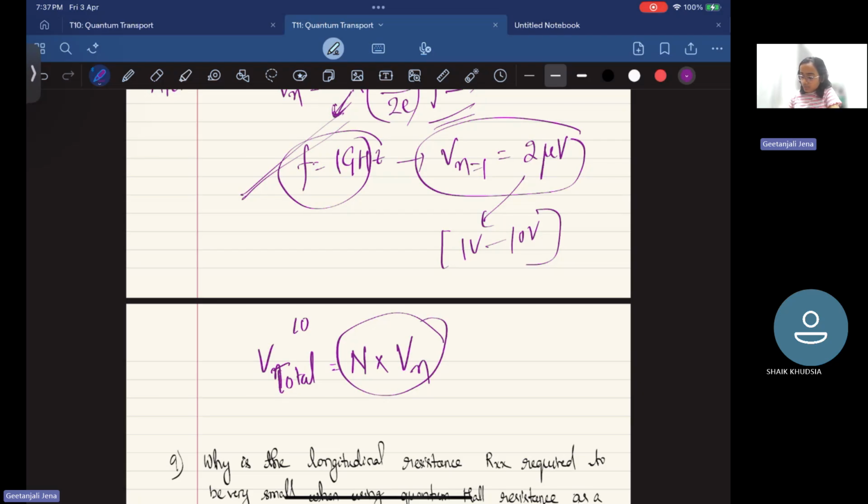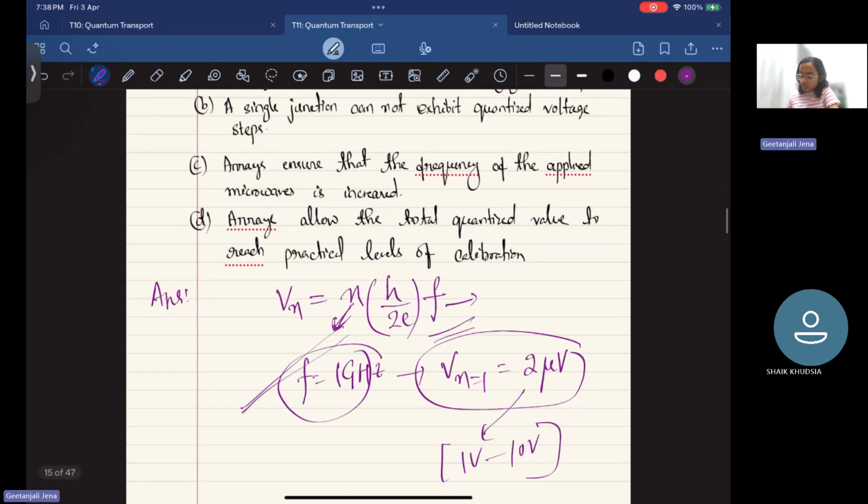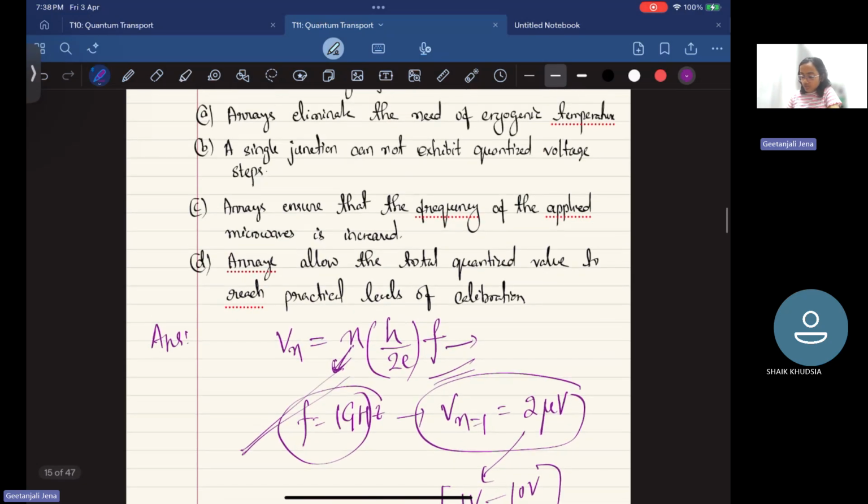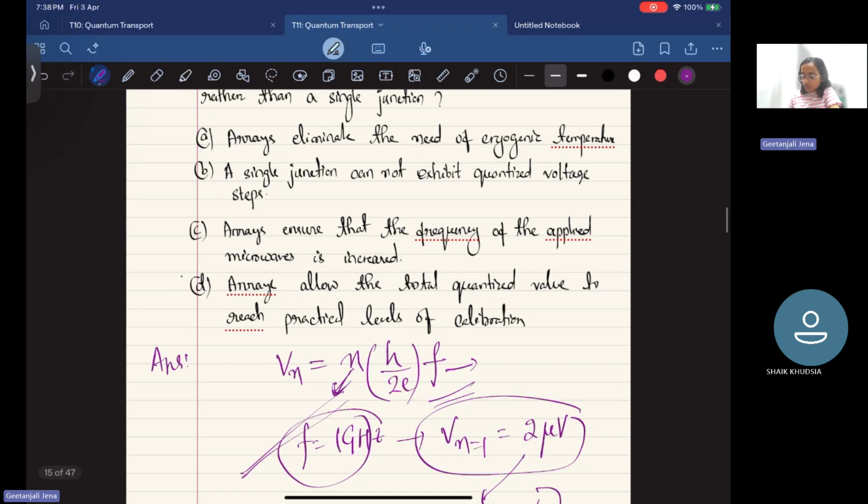If you recall from the lecture, if N is in the order of 20,000, then you get a V total of 10 volt, which can be measurable. That is why we are using an array. So the answer would be option D: arrays allow the total quantized value to reach the practical level of calibration.